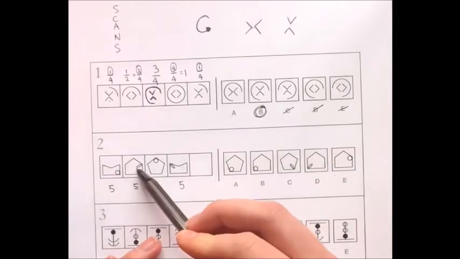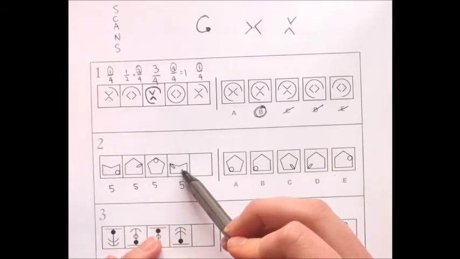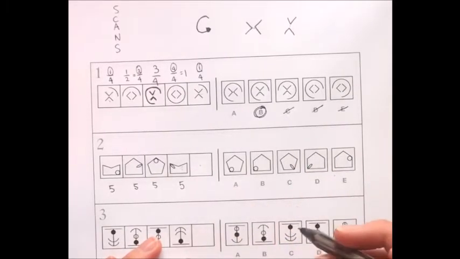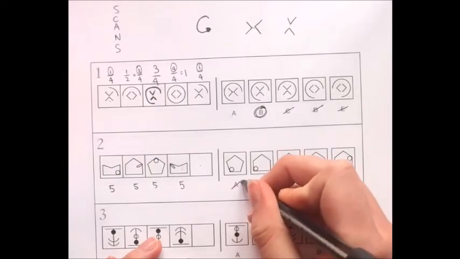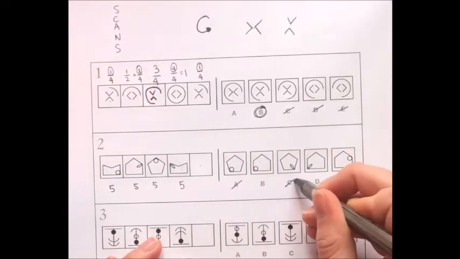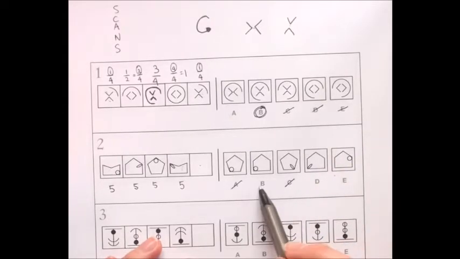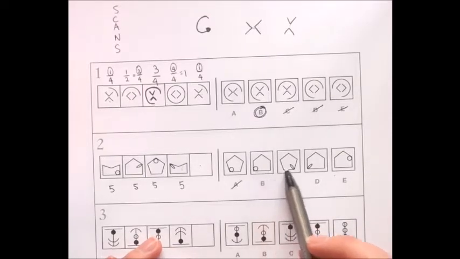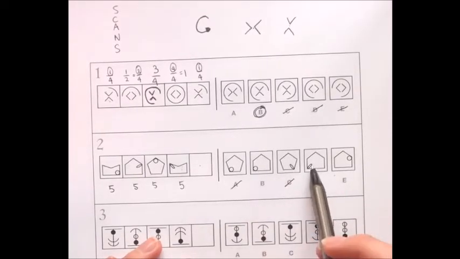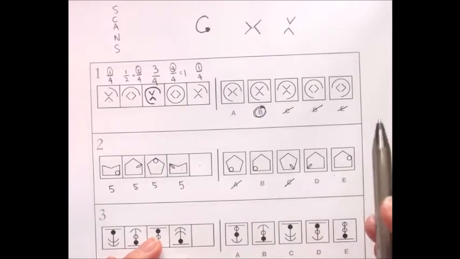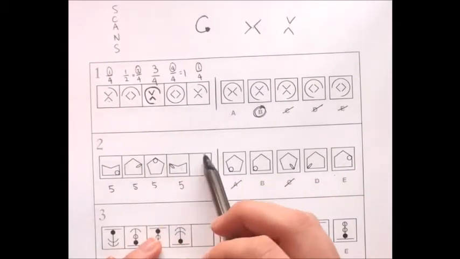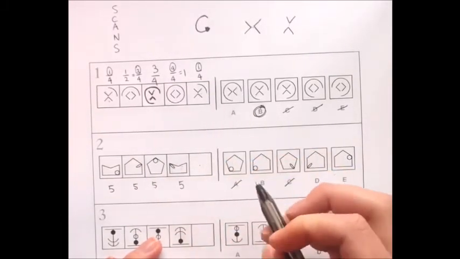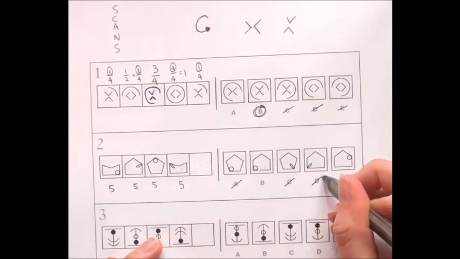So it's gone V, house, pentagon, V. Therefore, we would expect another house shape here, which immediately gets rid of A, C. So we're left with B, D, and E. Now we can see the differences between them is a circle or an oval. Now, when we take a look at our sequence, we've got circle, oval, oval. Therefore, we'd expect to see a circle here, which eliminates D.